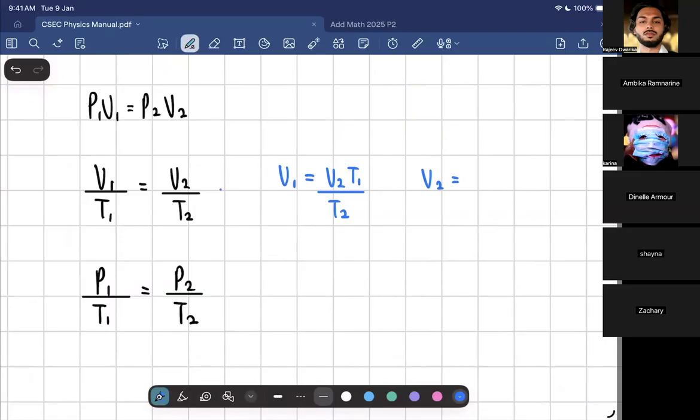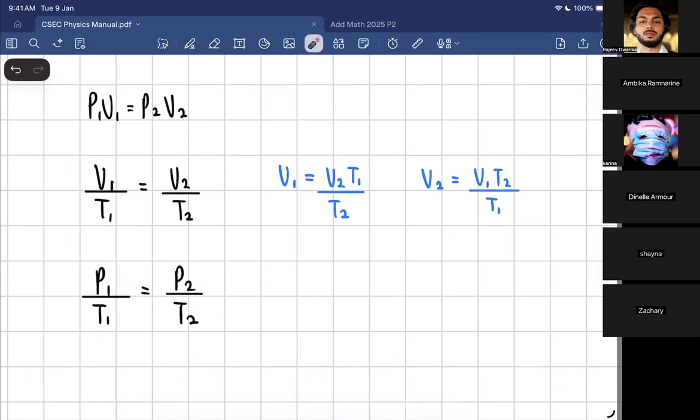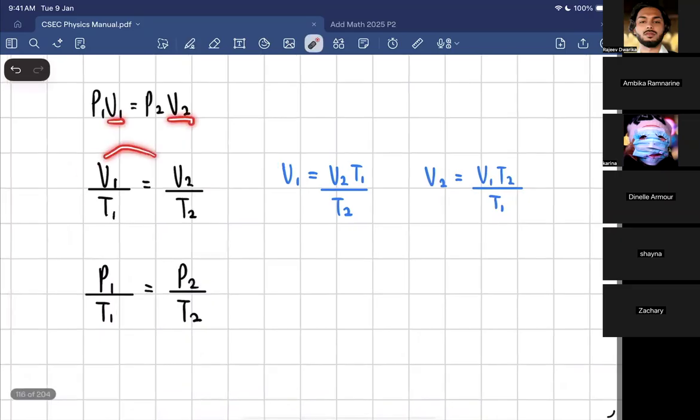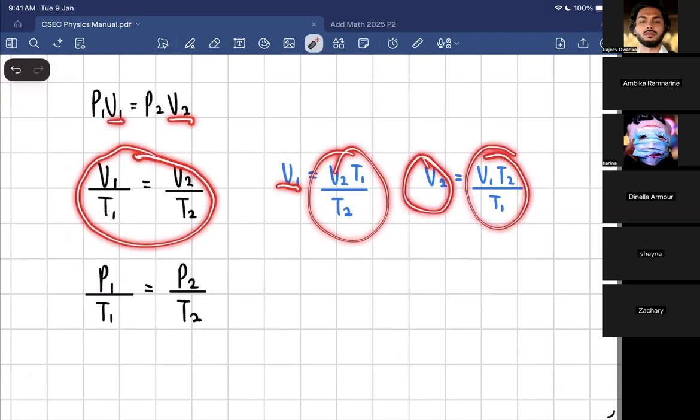I'd have to multiply both sides by T2, so that'll be V1 T2 over T1. What I'm doing here is writing what V1 and V2 are using this law, and this is Charles' law.